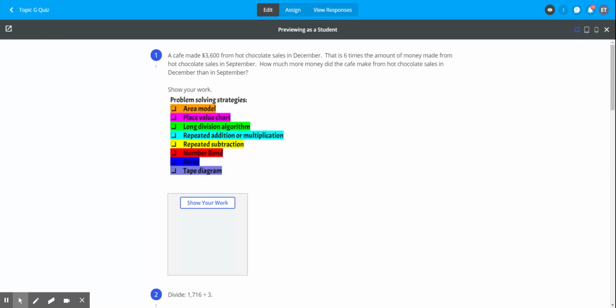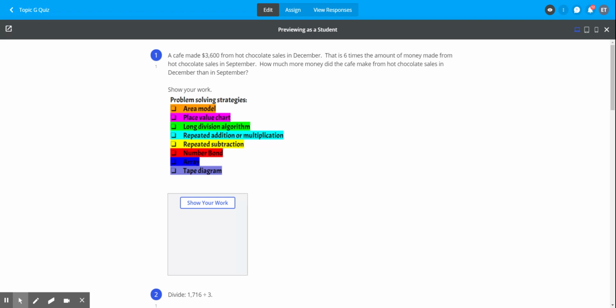I've got my question here, as you can see, and then I have this show your work button. I can either read the question now or later, but I do have to click my show your work button before I'll be able to actually do any work on my screen. Same for you, so that's very important. Make sure you click on that show your work button.